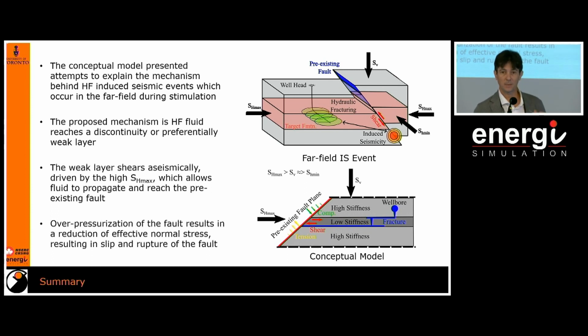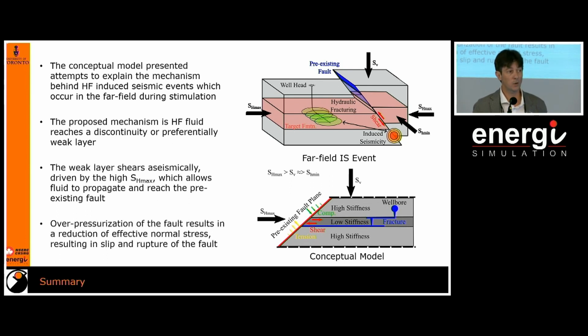And we think that you might be able to lubricate a fault by just injecting fluid and fracking your rock, even at large distances. Why? For the simple reason that there are regional markers, extensive planes that are very, very weak, that are completely connected in the entire region.